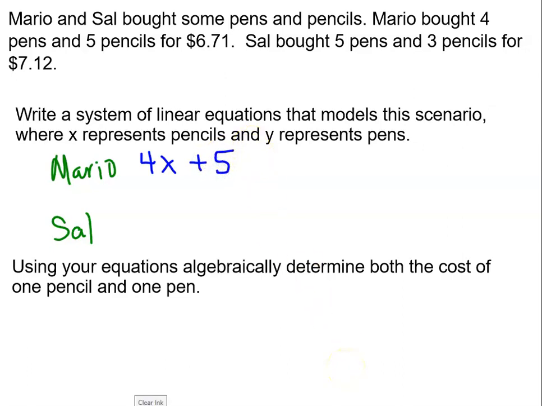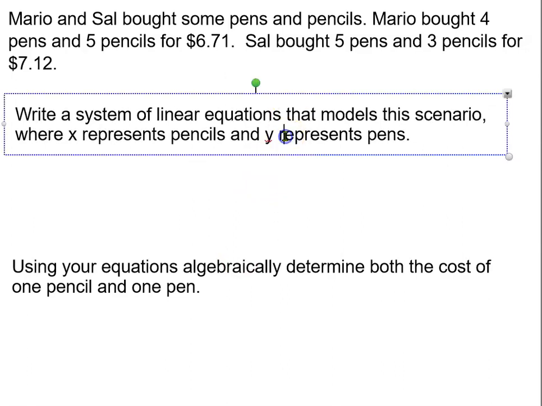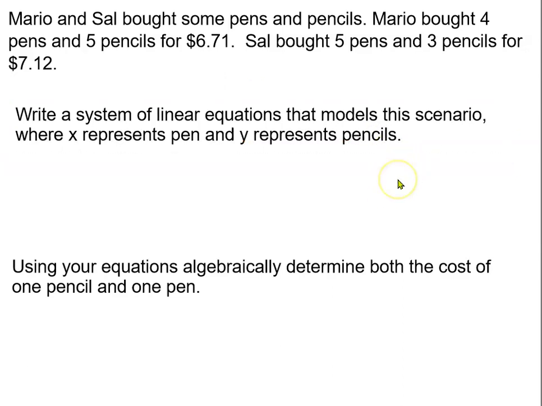Ooh, boy, I wrote this in the wrong order. Let me just switch this. Let's say this is going to be pens, and this is going to be pencils. Yeah, I think I copied the problem wrong. All right, we're good now.